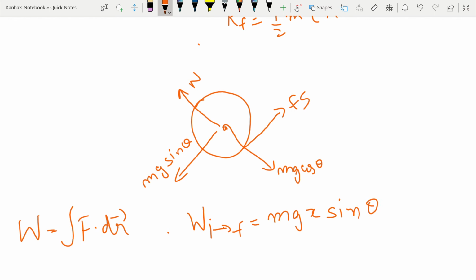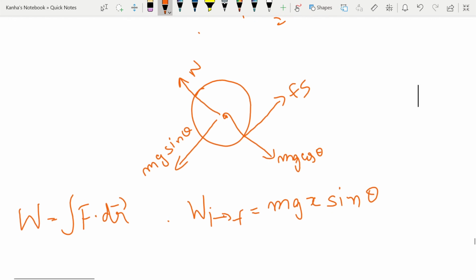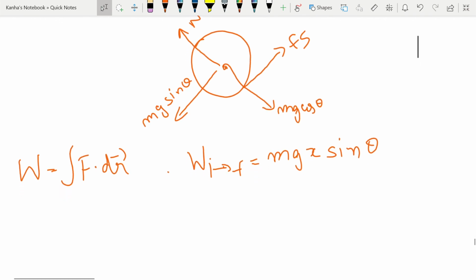Note from this question that neither the normal reaction does any work on the system nor does the frictional force.